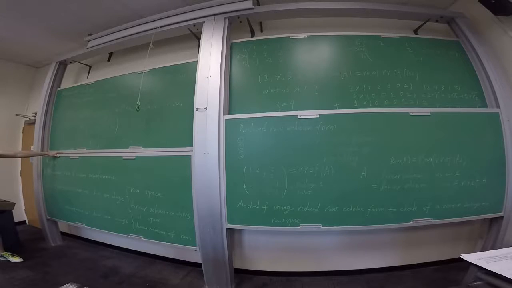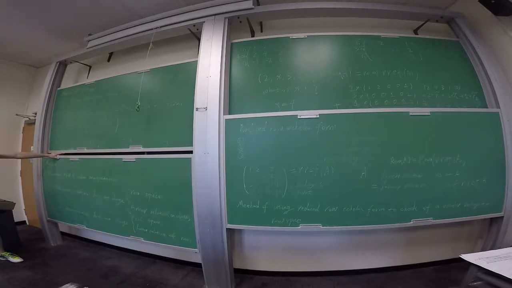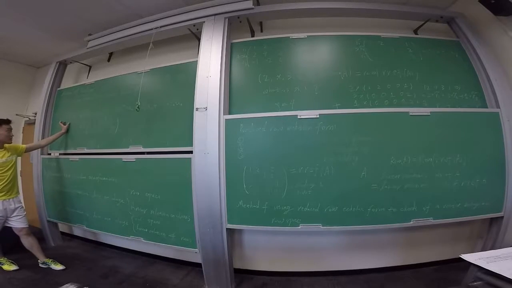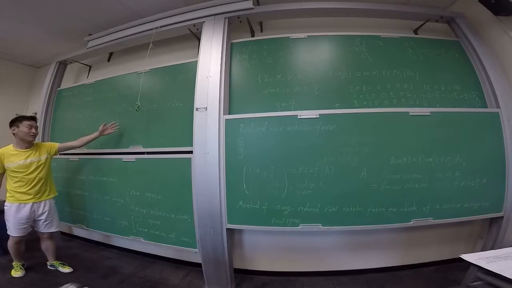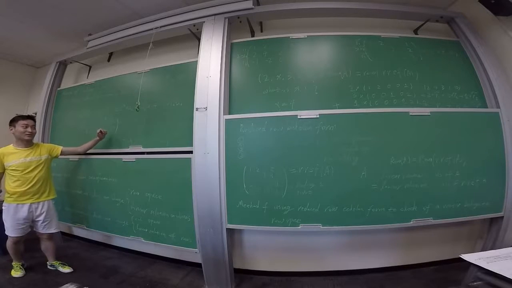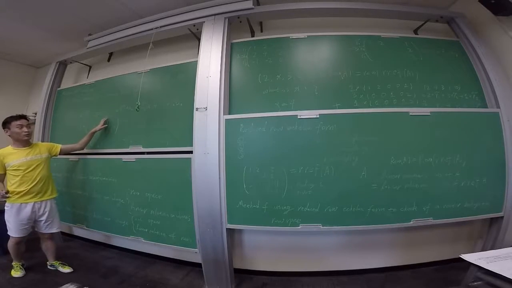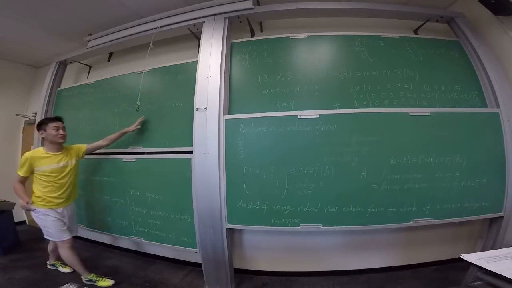If this vector is in the column space of A, then we have this kind of expression, although we don't know what a1 to an are. But this expression can be viewed as a kind of linear relation among those columns.